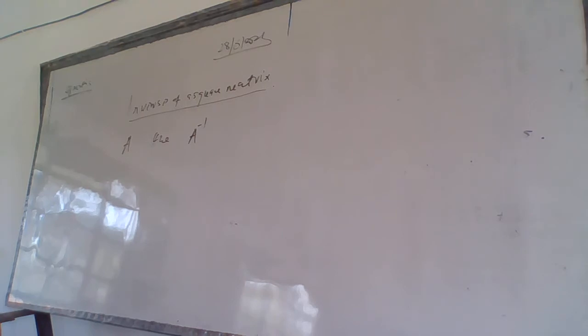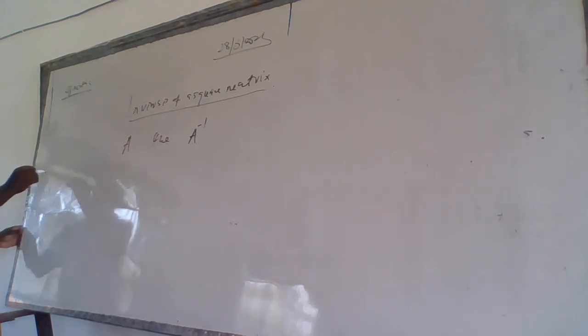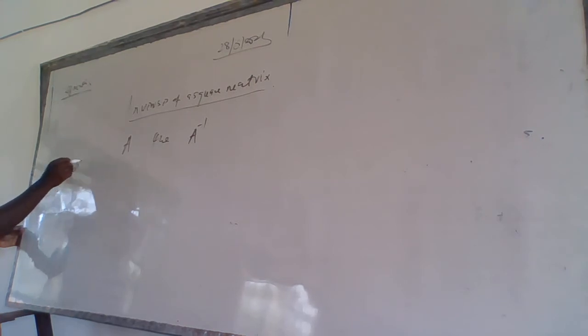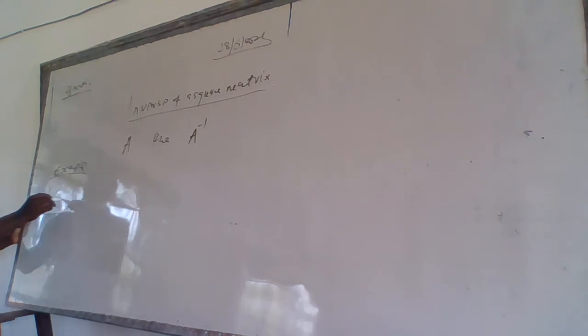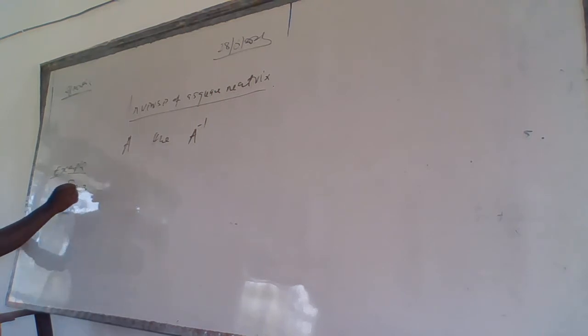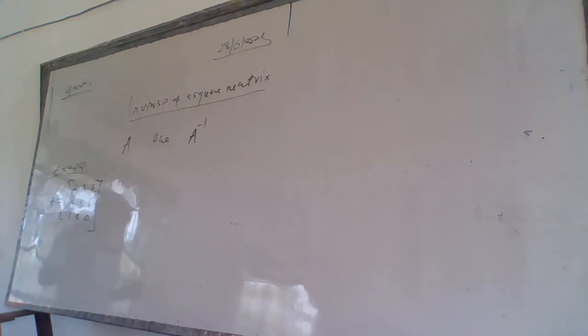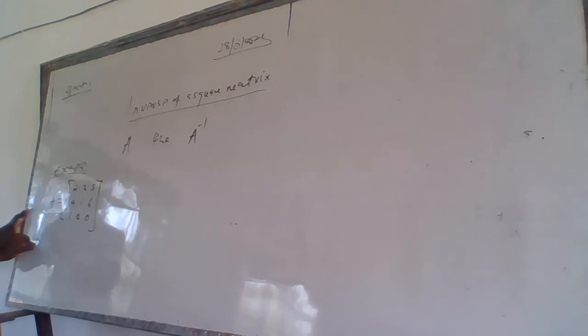Now, let's have an example. We have matrix A, which is given by 2, 3, 5, 4, 1, 6, and 1, 4, 0. That is matrix A. Now, let's find the determinant of this matrix.